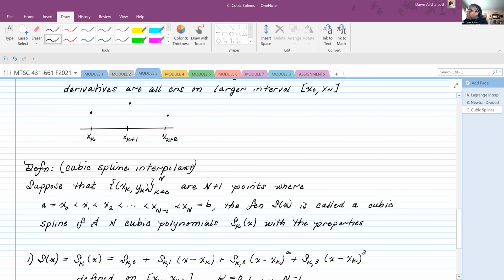So this is the spline. This is sk of x, and this is the spline. This one is sk plus 1. So now you can see that sk at this point has to equal sk plus 1 at the same point in order to make it continuous.